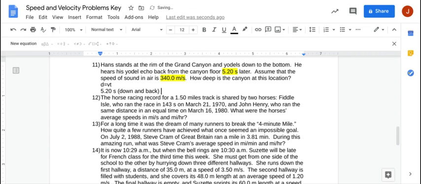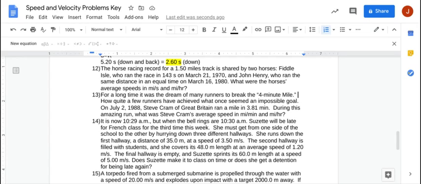And you just want to have the time that goes down. So what you do is you need to divide that by 2 to figure out how long it takes for it to get down to the canyon floor. So instead of using the 5.20 seconds, you're actually going to use 2.60 seconds. So make sure you remember that.